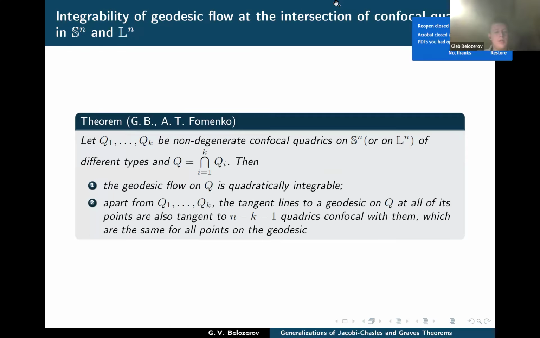Now I want to tell you about another generalization of this theorem for mechanical systems with integrable potential. In our seminar, we are very interested in some properties which are called GK properties.